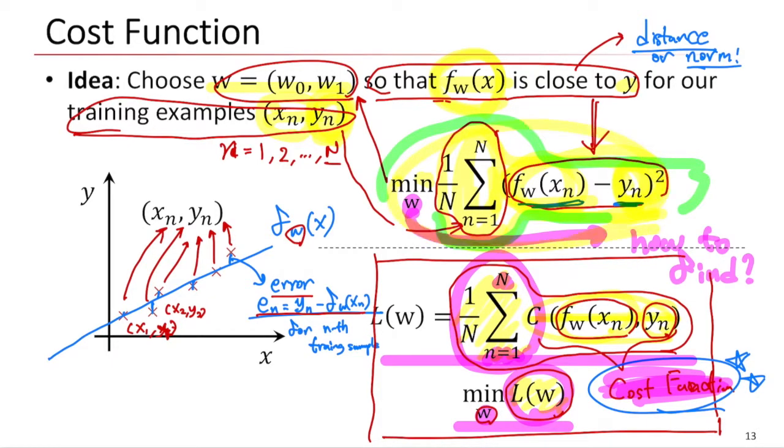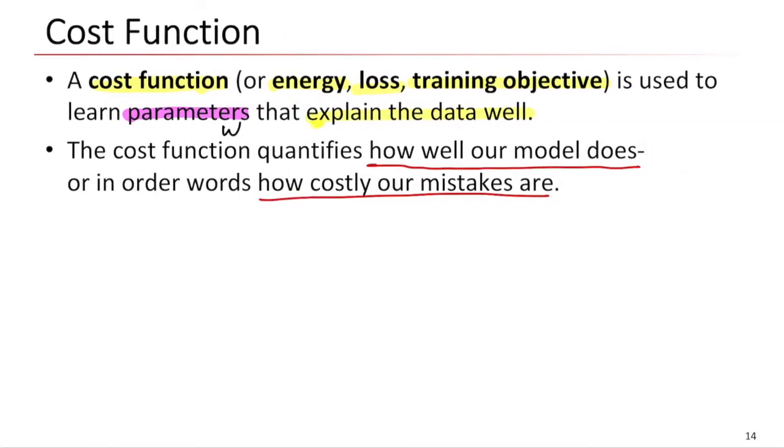Okay, so this is the cost function. By minimizing this cost function, we can find this w, the parameter of our machine learning algorithm, using some kind of optimization.